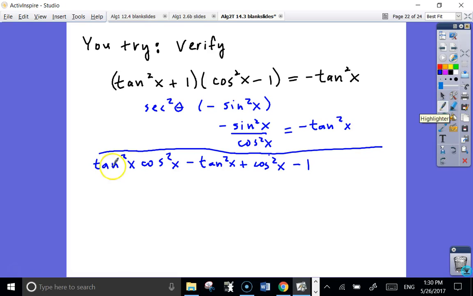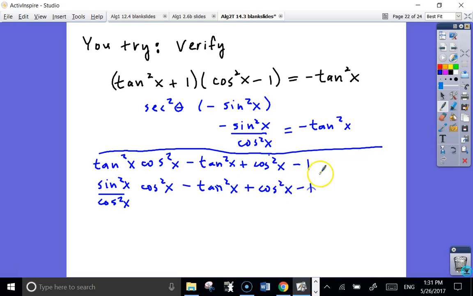Now this tan squared is sine squared over cosine squared times cosine squared, right? And I've got a minus tan squared plus cosine squared minus 1. So I can cancel this cosine squared.